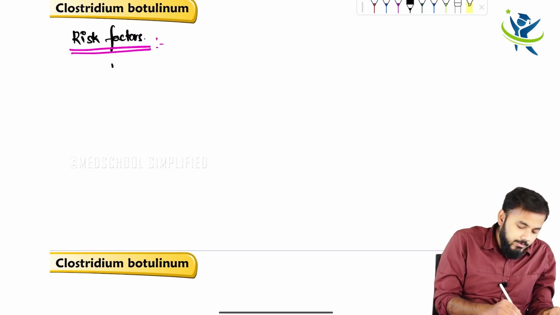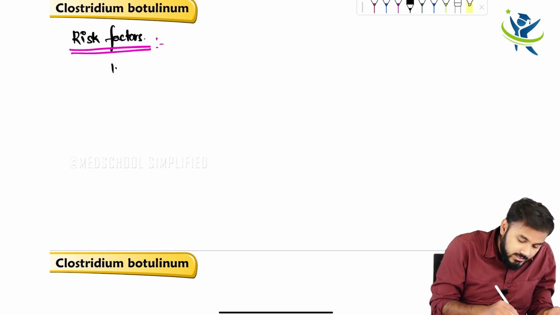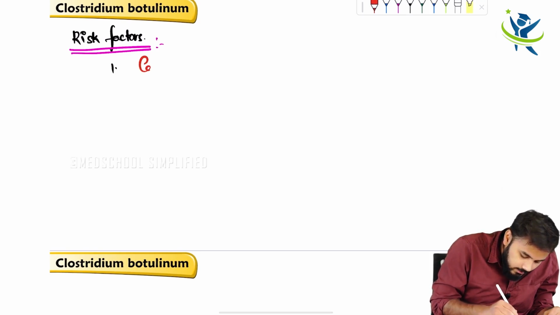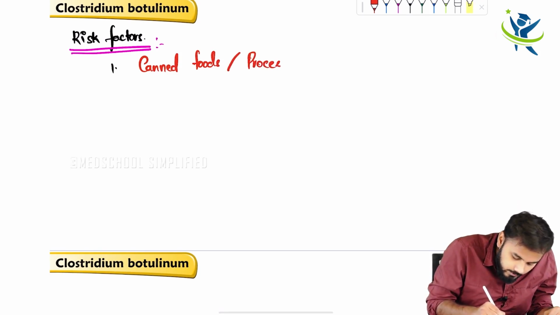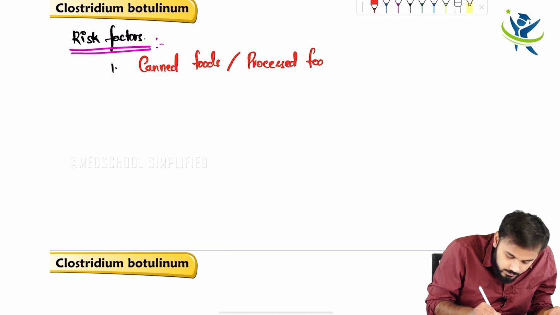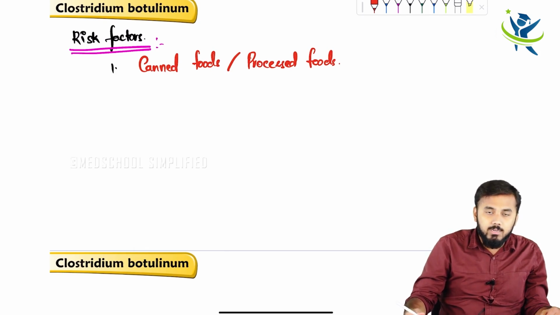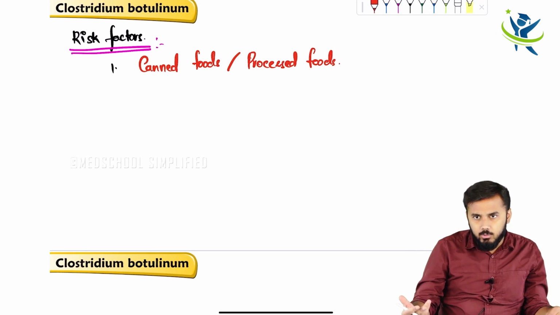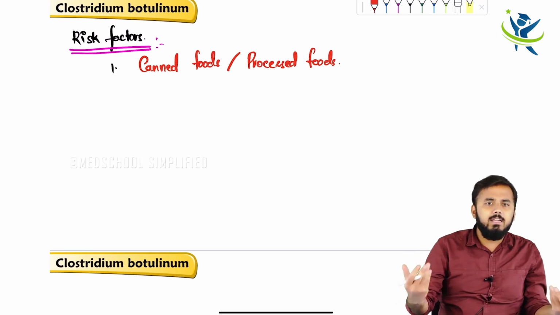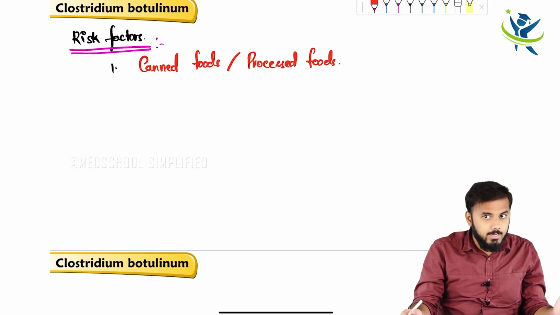For example, if you are lazy enough to cook the food and if you start eating canned foods or processed foods, these are more likely to have this pathogen, and obviously when you eat, the pathogen enters into your body and starts releasing exotoxin, that is the botulinum exotoxin, and it affects your body. Now how does it affect? What are the effects? What is the pathogenesis? I'll discuss them in a minute.